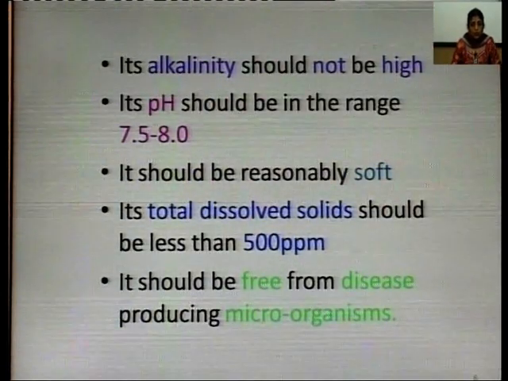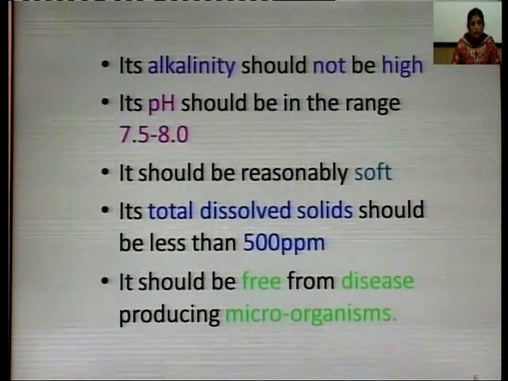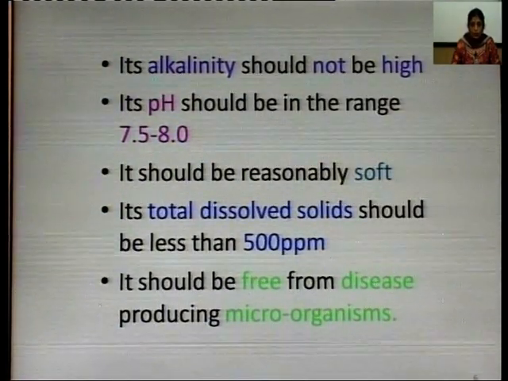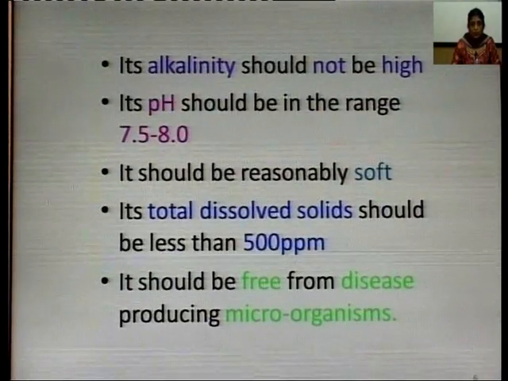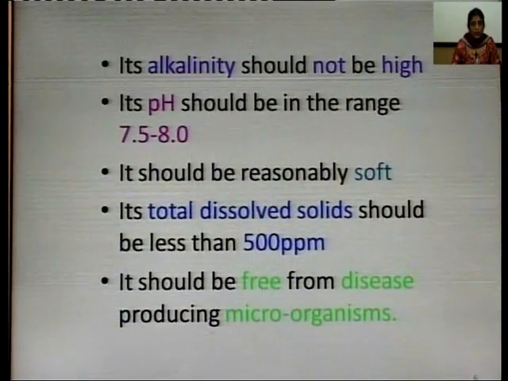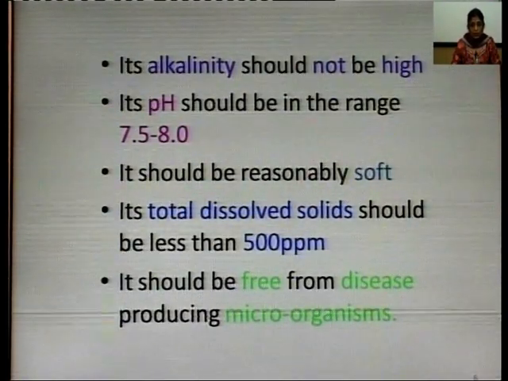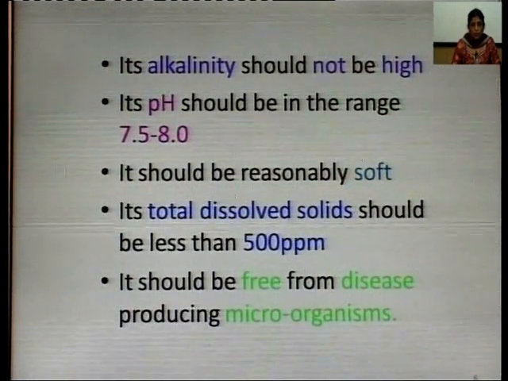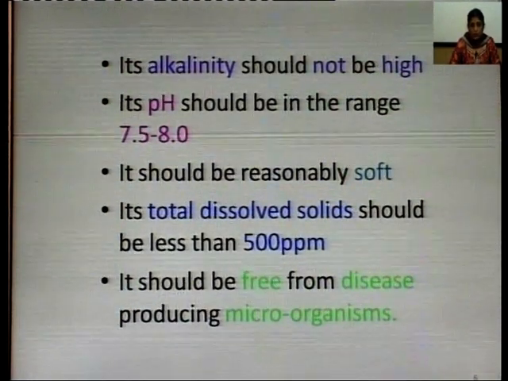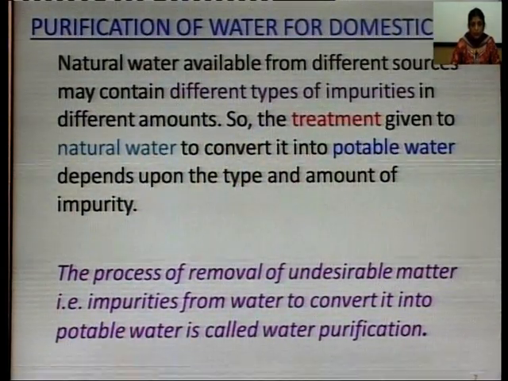So, its pH should be in the range of about 7.5 to 8. It should be reasonably soft. Its total dissolved solids should be less than 500 ppm. It should be free from disease producing microorganisms. So, these were the characteristics of drinking water.